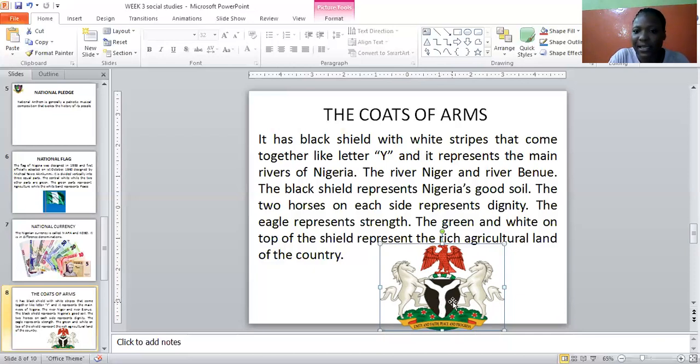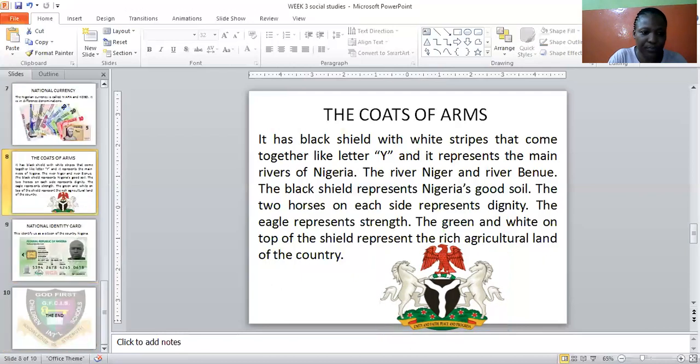Good, the good soil of the country. Now the eagle represents what? Good, strength of the country. The green and white on top of the shield represent what? Rich agricultural land of the country.